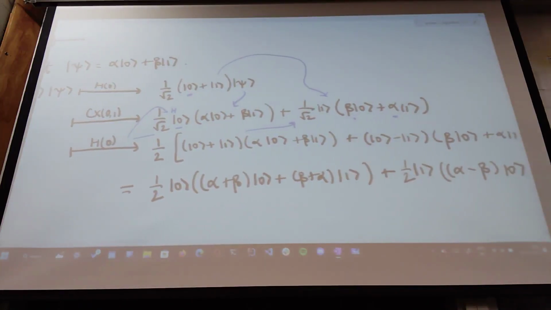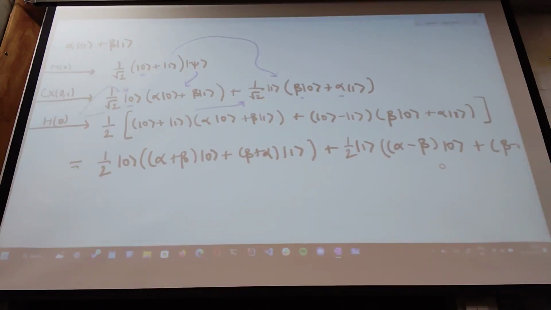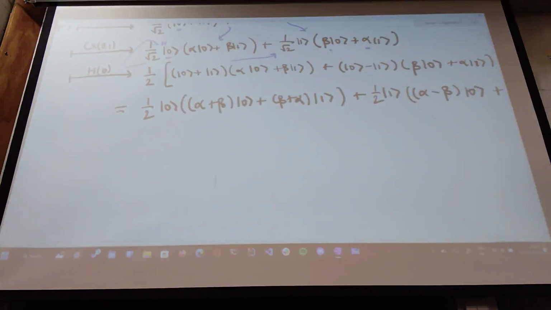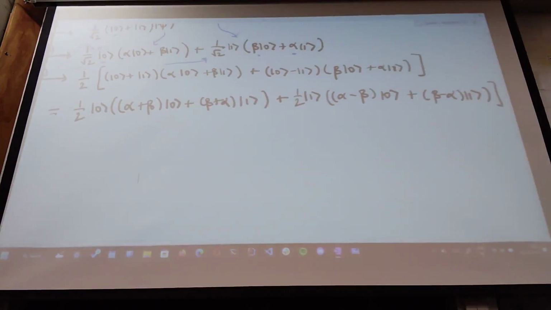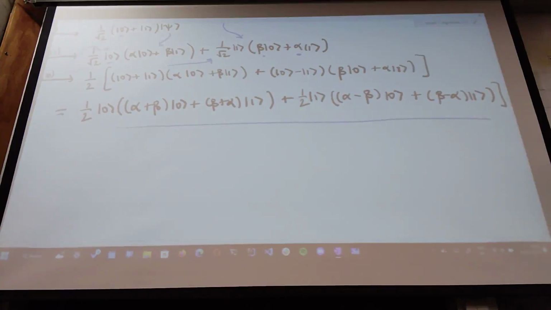And you get this long expression, which you can simplify down into this form over here. This is just math simplification, so it might look a bit tedious, but you just apply the Hadamard operator to the given quantum state directly.